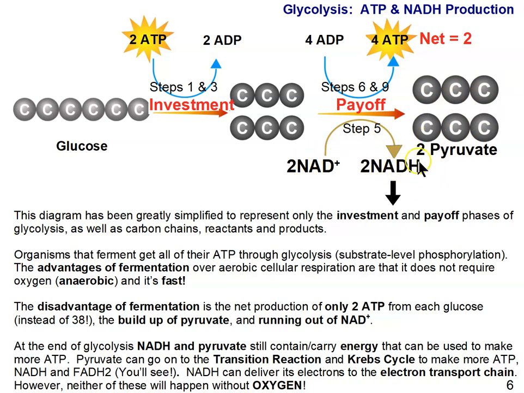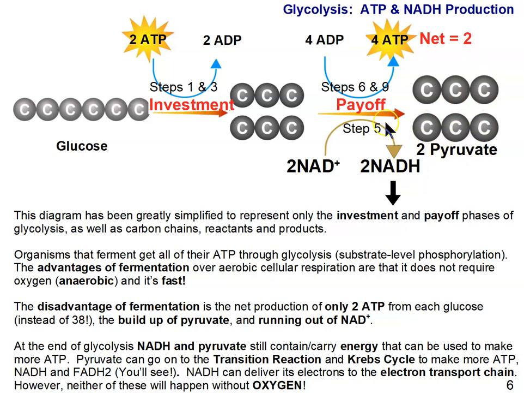And so if there's oxygen, then the process continues where the pyruvate enters the mitochondria through the transition reaction and enters the Krebs cycle, and more electrons are harvested, and then those electrons are delivered just like the electrons in NADH here.